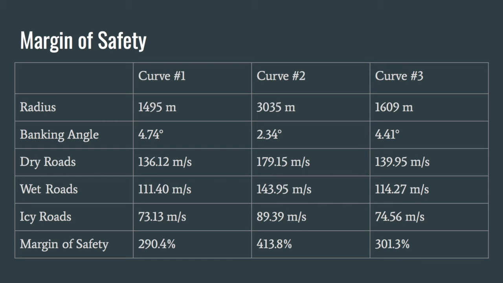So for the first curve, the margin of safety would be 290.4%. For the second curve, it would be 413.8%, and for the third curve, it would be 301.3%.